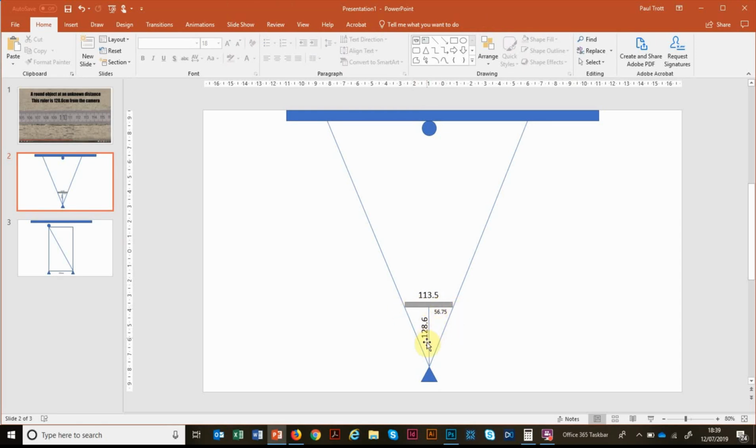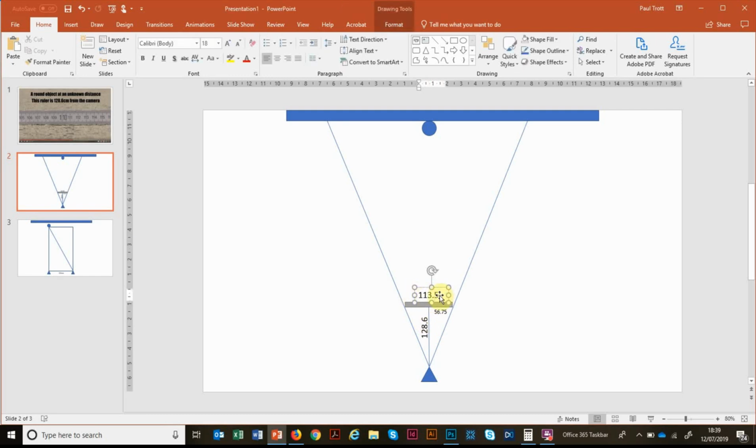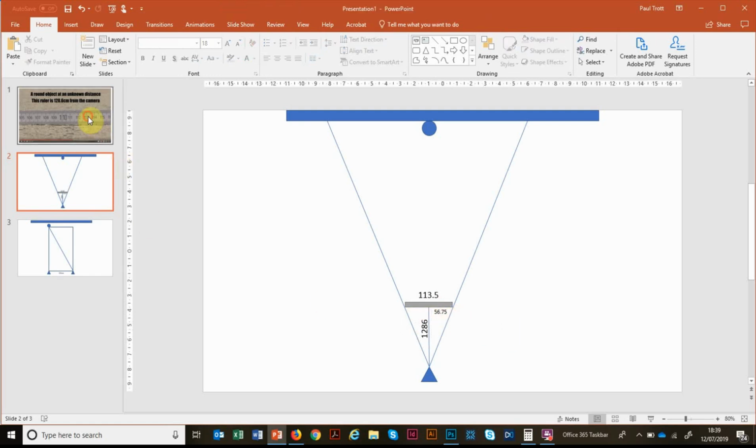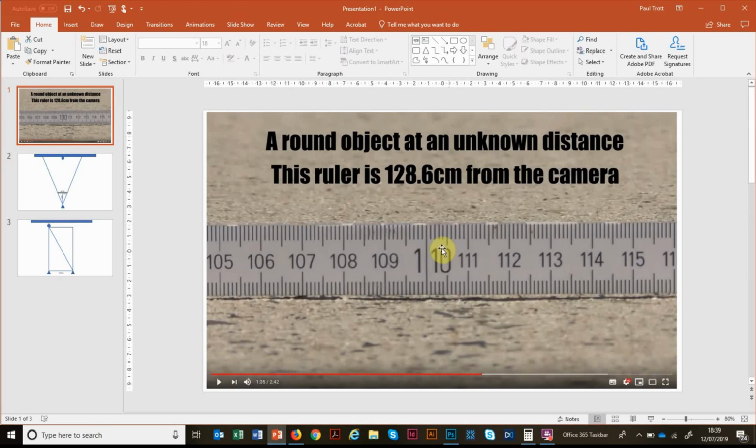This is actually millimeters rather than centimeters, so I'm going to make this millimeters as well: 1,286 millimeters. I've counted up the millimeters in this ruler. It's 113, and then on the right it looks like about half a millimeter, so I'm going to say it's 113.5 millimeters.